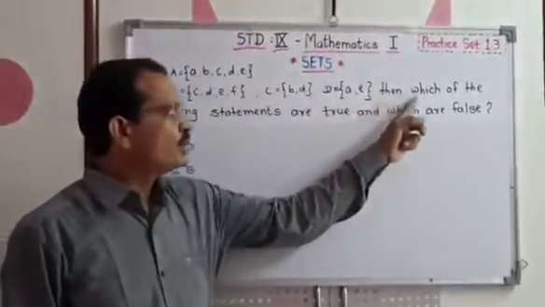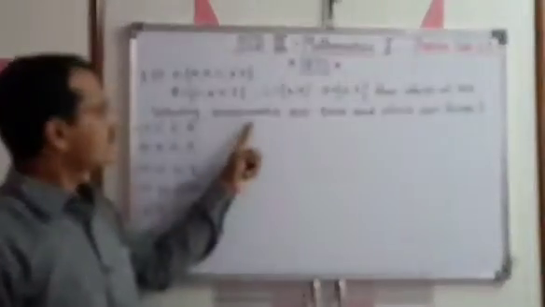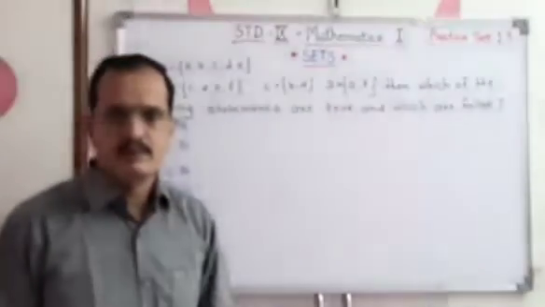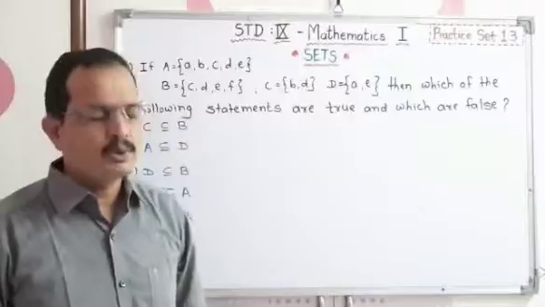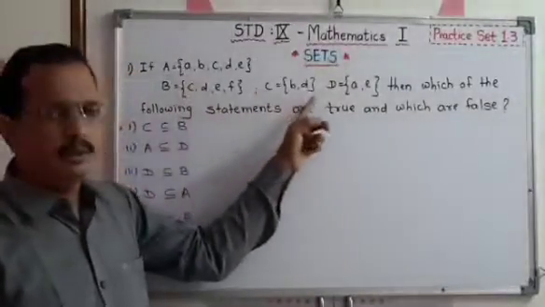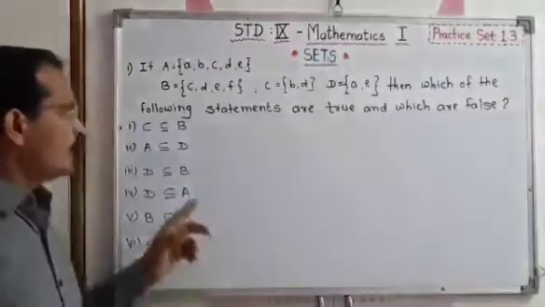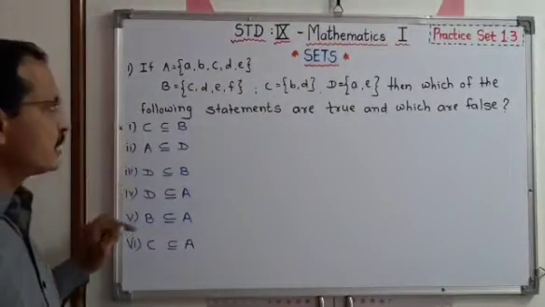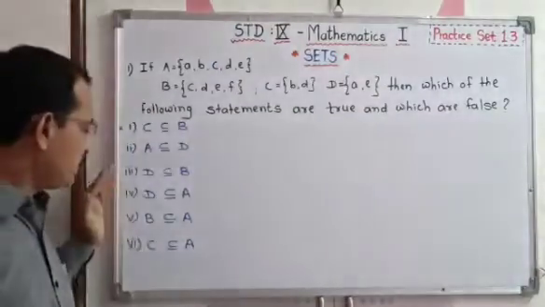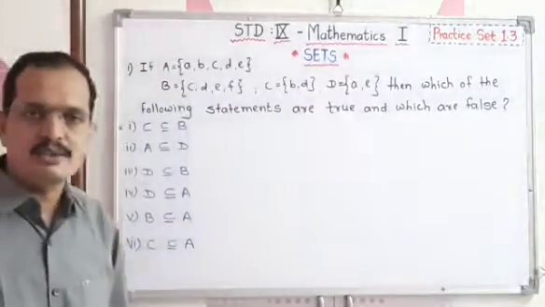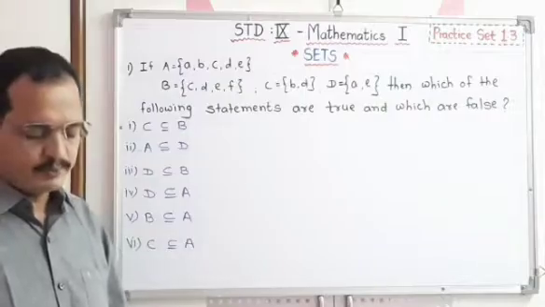Then which of the following statements are true and which are false? These sets are written by the listing method and some statements are given, and out of these statements we have to decide which are true and which are false.